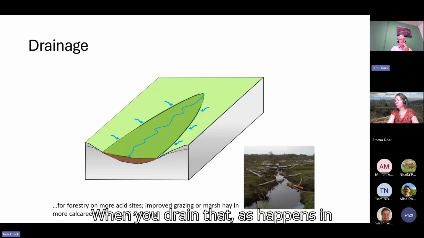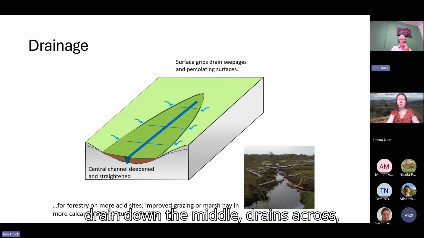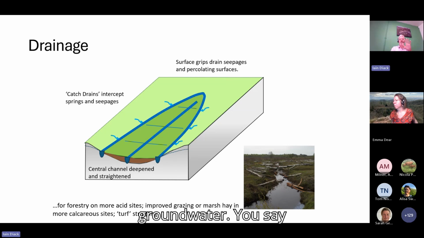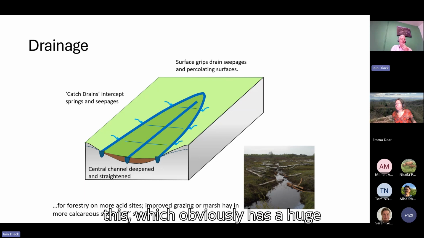When you drain that, as happens in many valleys with woods or not, drain down the middle, drains across, and then catch drains to catch all the groundwater. So many valleys across the country have got this, which obviously has a huge dewatering effect, drains out the surface, and then you'll get the biological change.